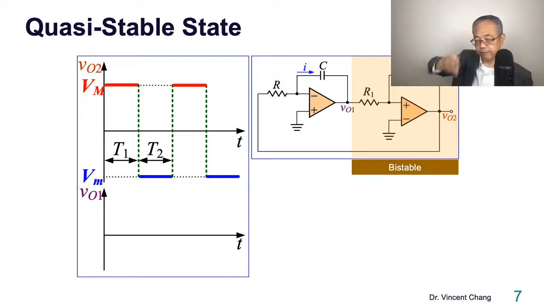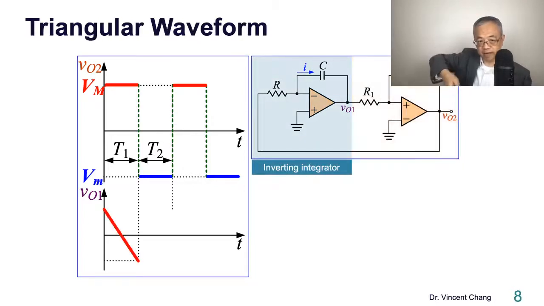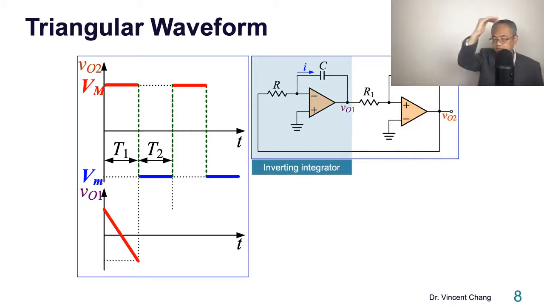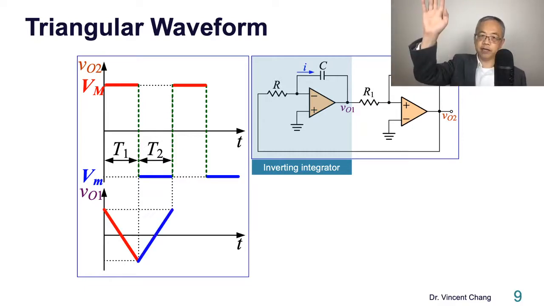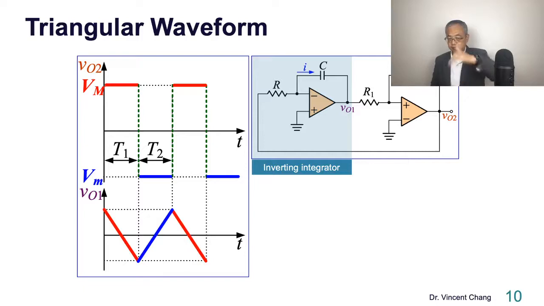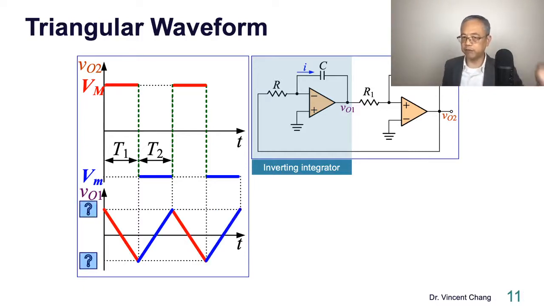It's going to go down. So positive constant, negative slope, and negative constant, positive slope, because it's an inverting integrator.